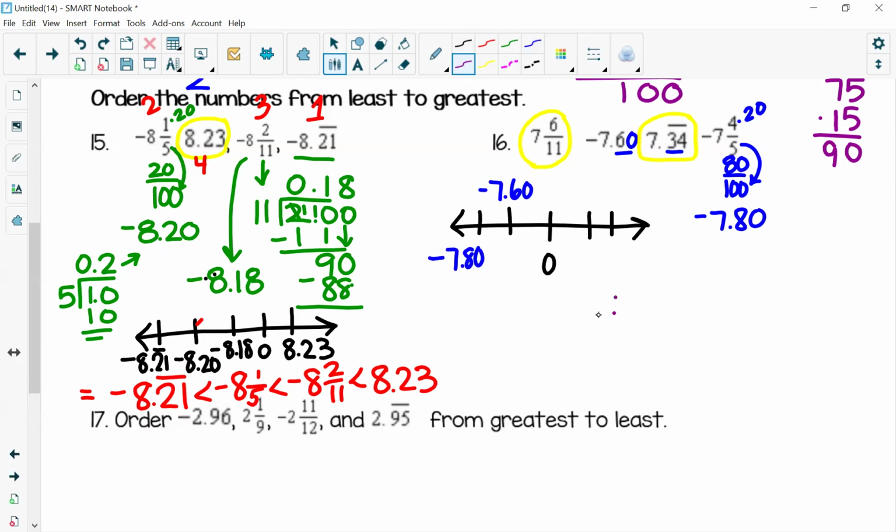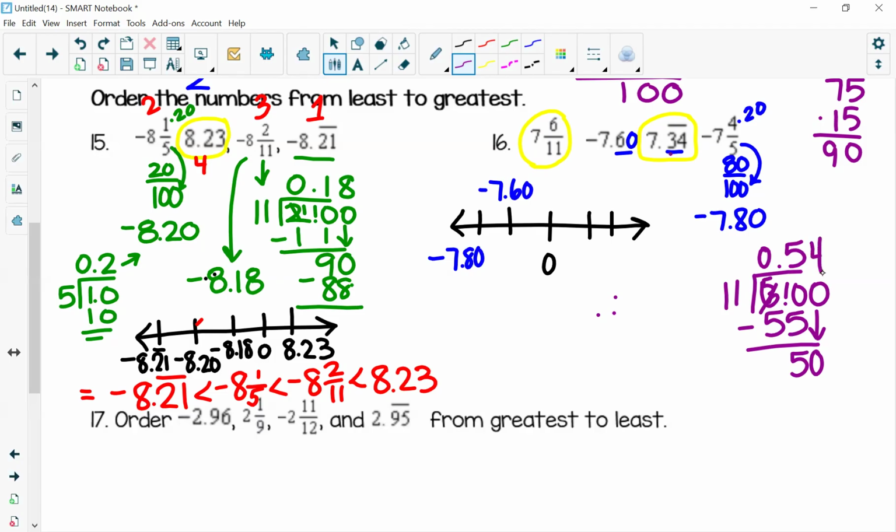I need 6/11ths because I have 7 and 34 hundredths. So I'm going to go 6 divided by 11. 11 can go into 0 times. 11 goes into 65 times, which is 55. Okay, we're going to subtract. We have 5, bring down the 0. I could probably stop there because I have a 5 and I have a 3 right there.